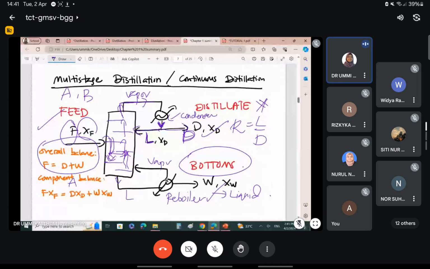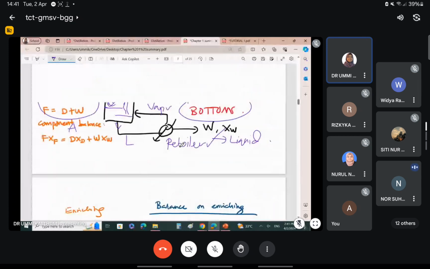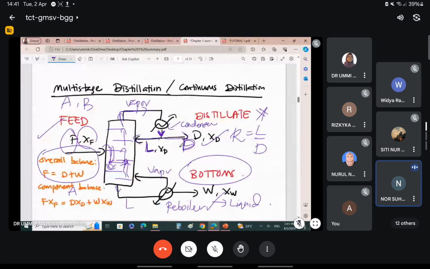Ada soalan setakat ni? The distillation process? Tak ada. Okay. Ya. Kenapa condenser tu dia tak vapor juga, bila dia ada liquid dengan vapor? Kenapa kalau condenser dia just keluar liquid only? Dia condense all the vapor.